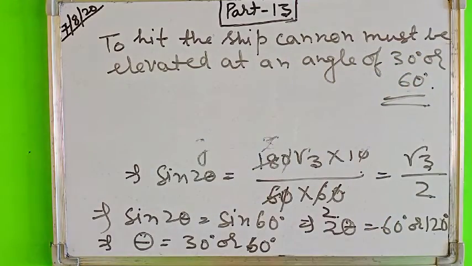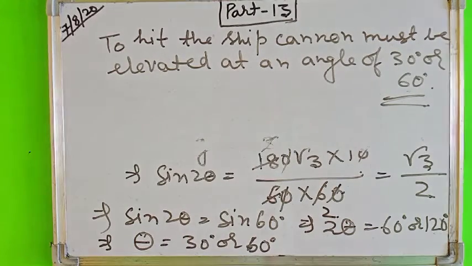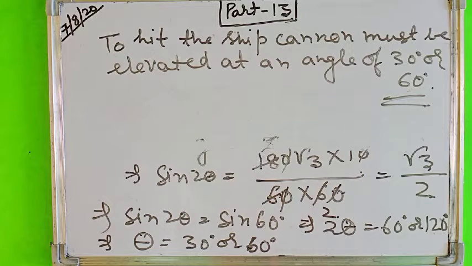Must be elevated means there are two angles of elevation, 30 degree and 60 degree, and at these two angles of elevation, if the cannon is firing the muzzle, then that muzzle is going to hit the ship. Now the second one is, we have to calculate the time of flight.